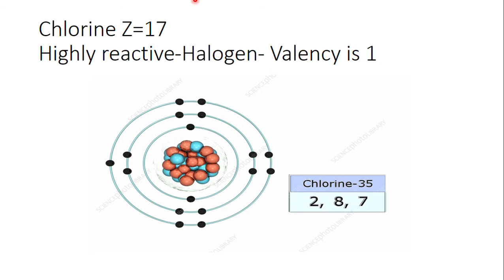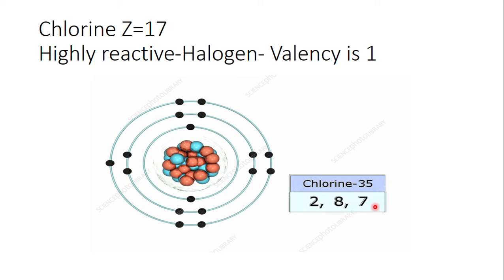We have an example here with chlorine, Z equal to 17, that is, atomic number 17. The electronic configuration is 2, 8, 7: K shell with 2 electrons, L shell with 8 electrons, and M shell with 7 electrons. Can you guess how many electrons it requires to acquire 8? Yes, it is 1.